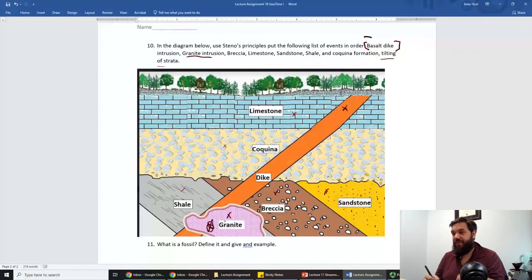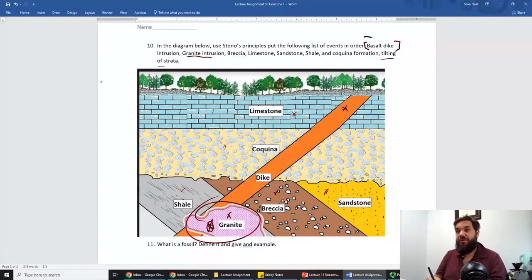Do y'all see that? So this granite intrusion, think about it. For the dike to have cut all of the rock layers, that means it had to come after the rock layers, right? Because the rock layers had to be there before they got cut by the dike, okay? That's Steno's principle of cross-cutting relationships.